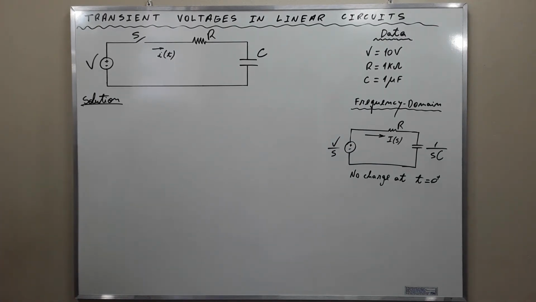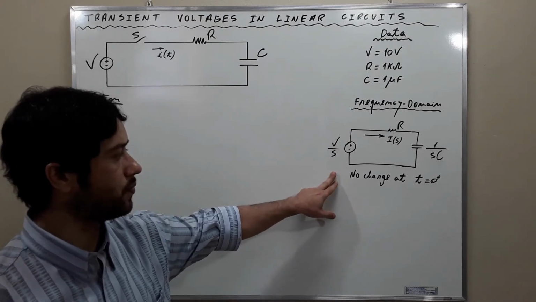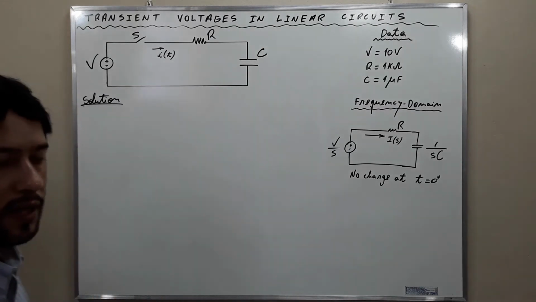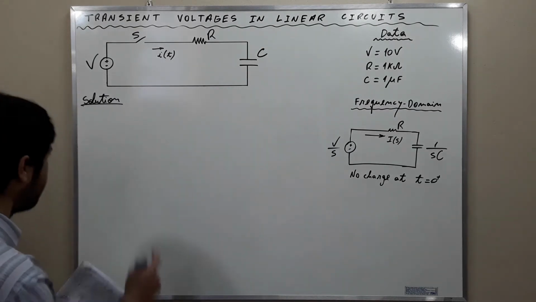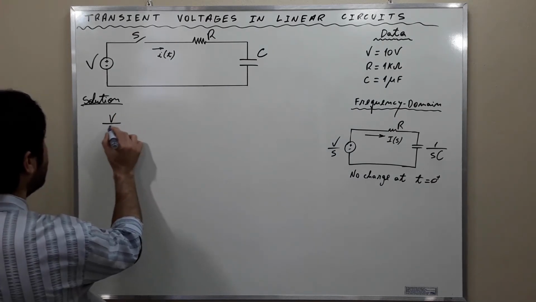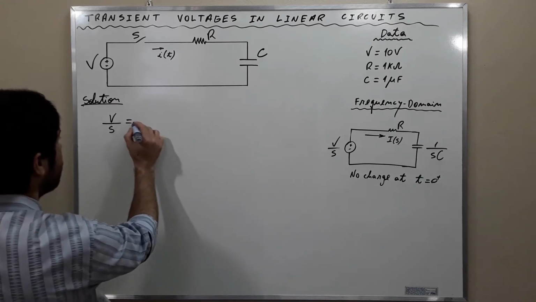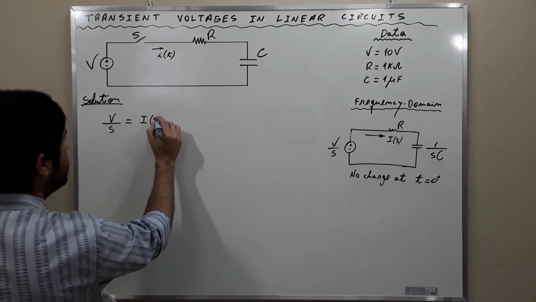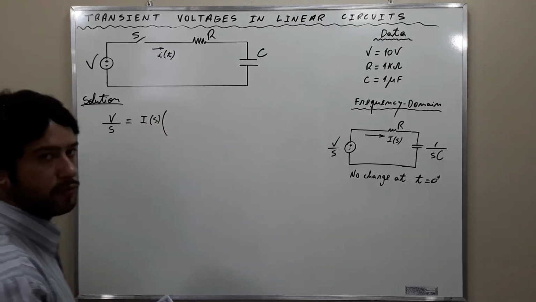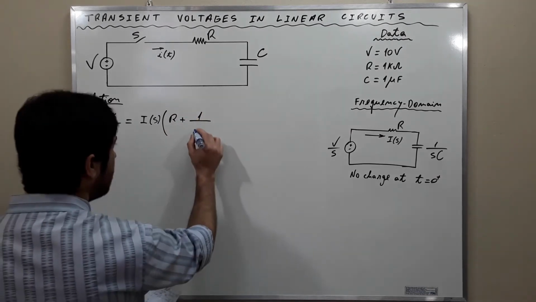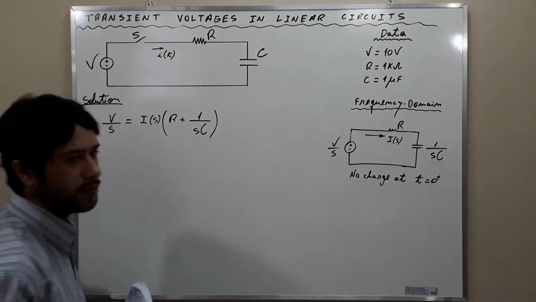At t greater than 0, the circuit can be written in the frequency domain as this. If there is no charge in the capacitor at t equal to 0, then we can say that V over S is equal to I of S times R plus 1 over SC.